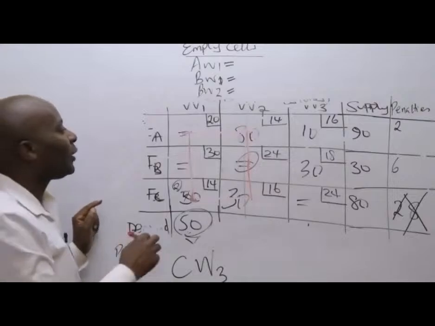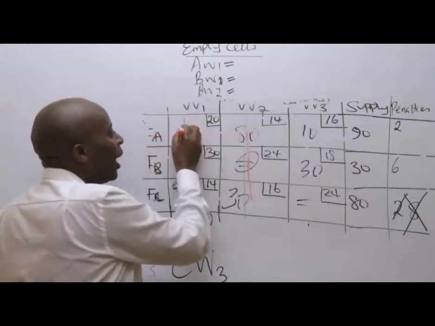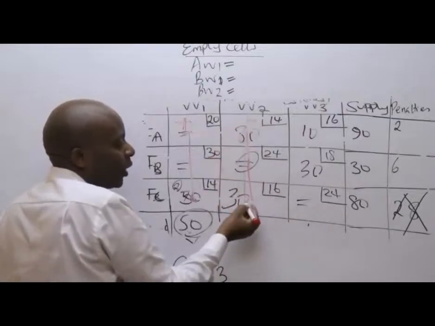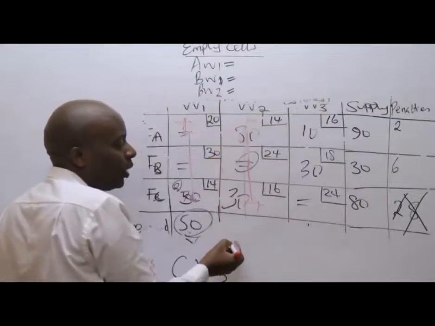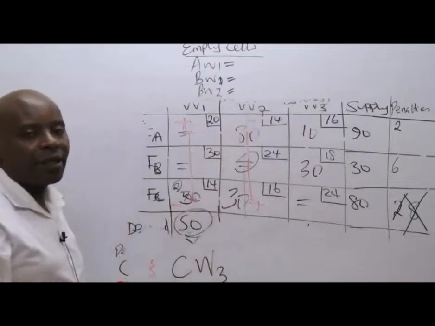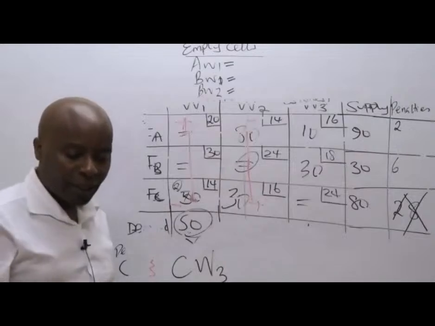So remember, the first cell here in the corner has to be a plus. The cells keep on alternating: plus, minus, plus, where you are seeing a corner. So ladies and gentlemen, listen.